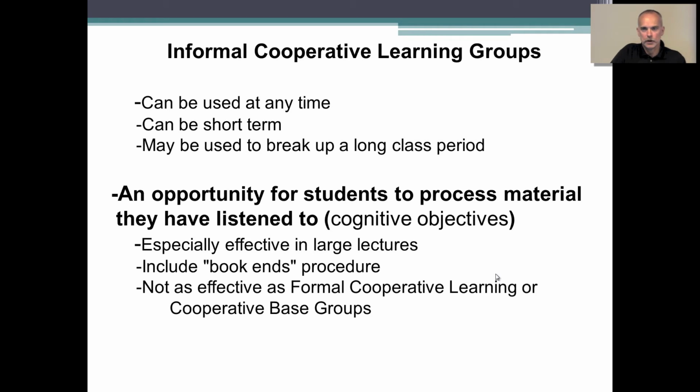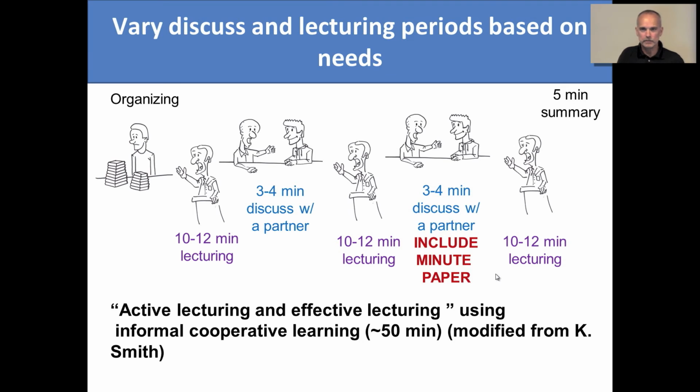But informal groups aren't necessarily as effective at meeting some of the higher level learning that you may want students to have, as if you were to use formal cooperative groups, which we'll talk about later, or cooperative base groups. So I talk about the bookends model that Dr. Smith talks about in some of his publications, or what I refer to as active lecturing or effective lecturing.